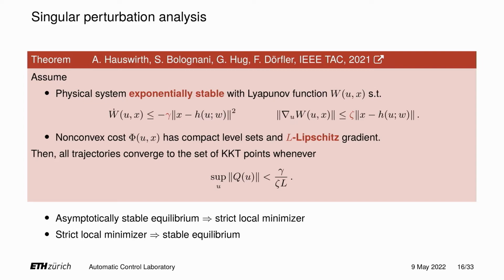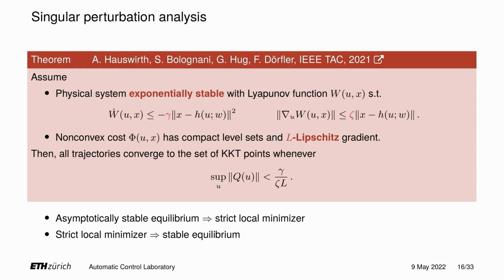And if the cost, which in general is a non-convex cost, has compact level sets and an L-Lipschitz gradient, which is quite reasonable, then all the trajectories converge to solutions, so KKT points of the problem, as long as the gain is smaller than a threshold, this threshold being a function of this rate of convergence and these Lipschitz constants. Of course, if the system is faster, then you can be faster with your optimizer.